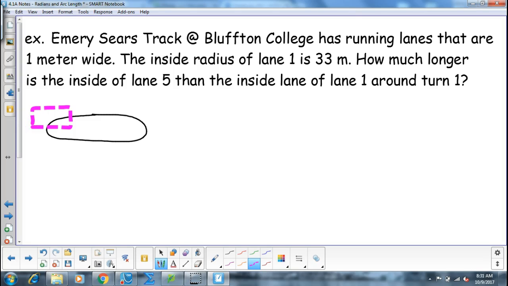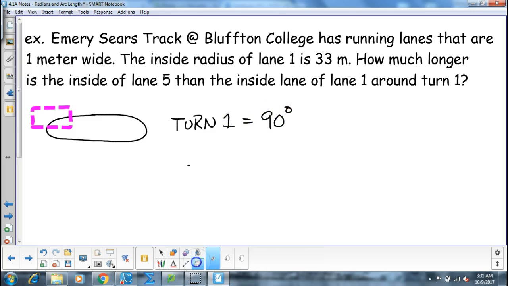How many degrees is turn 1? 90 degrees. There's 4 turns to get yourself all the way around the circle. So if you take the straightaways out and scrunch that down, turn 1 is 90 degrees. Turn 2 is 90 degrees. Turn 3 is 90 degrees, and turn 4 is 90 degrees.